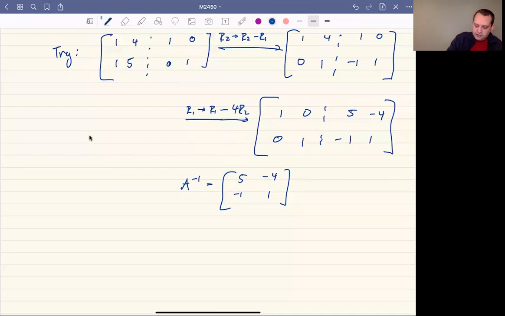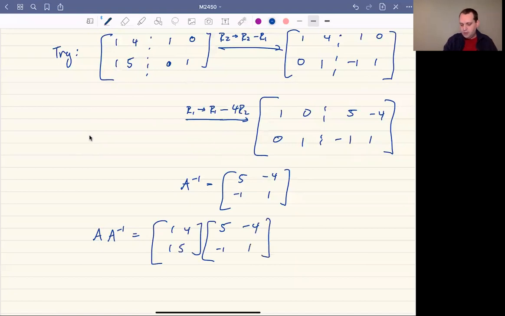And let's just double check. Let's verify that A times A inverse really does give us the multiplicative identity. So A being 1, 4, 1, 5. A inverse, us having found it twice now, is 5, -4, -1, 1. Then what we're going to do is multiply.